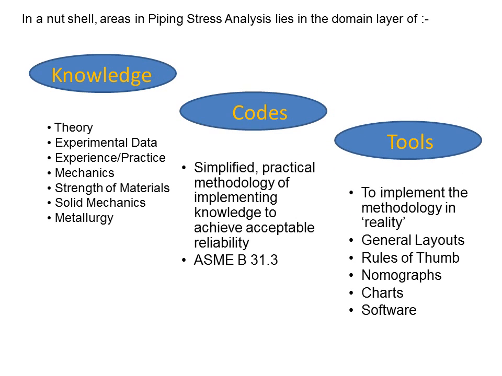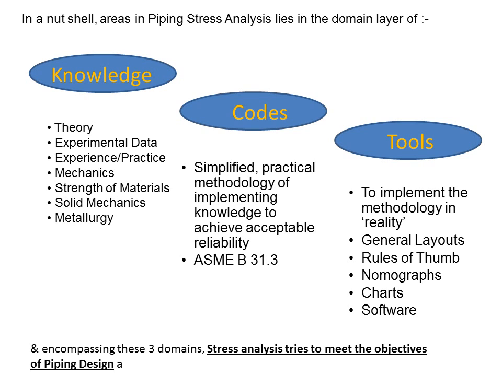And tools implement the methodology in reality: the general layout, rule of thumb, nomographs, charts, and software like Caesar. Encompassing these three domains, stress analysis tries to meet the objective of piping design, thereby leading to a better working plant.